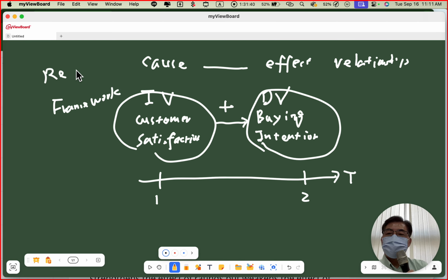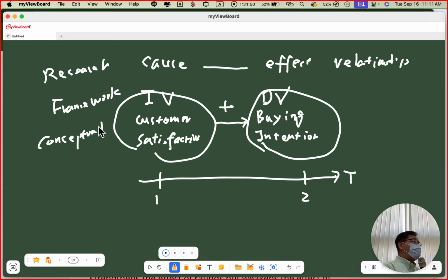It's a research framework. Or maybe you call it conceptual. We will not call it a model. We'll call it a framework. It's the theory. It's only conceptual. It's based on ideas, not real data.